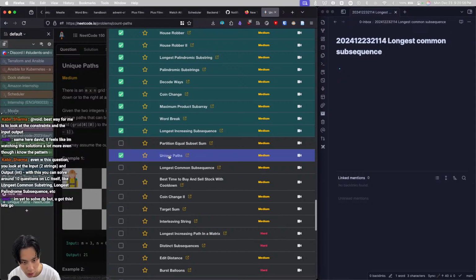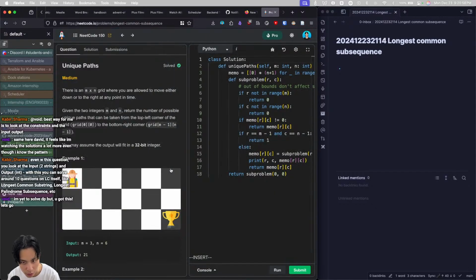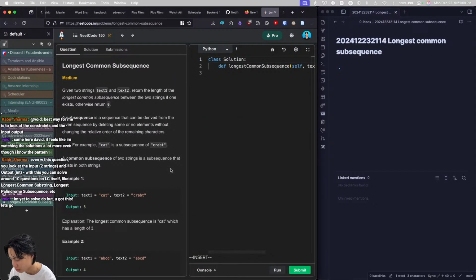I can understand how that became a 2D dynamic programming problem, because it is just 2D. Even with this question, you look at the input, 2 strings, output, int. With this, you can solve around 10 questions on Leetcode itself, and longest common substring, longest palindrome subsequence.